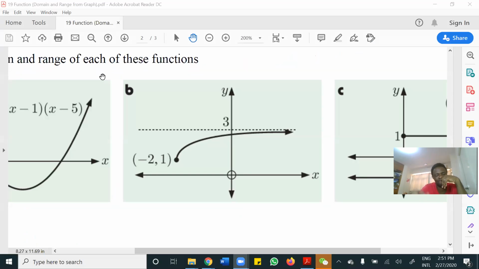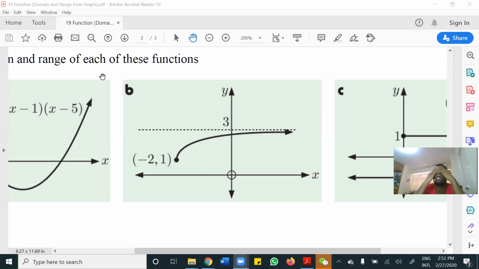So I wrote for the domain, X is a set of real numbers such that X is greater than or equal to -2. And then the range is Y is a set of real numbers such that Y is less than or equal to 1, but less than 3. I mean greater than or equal to 1.